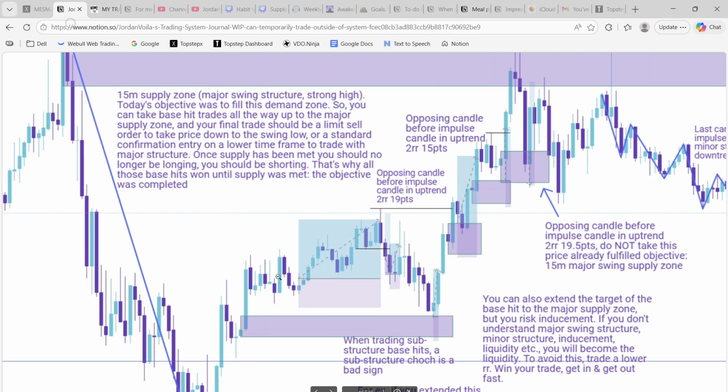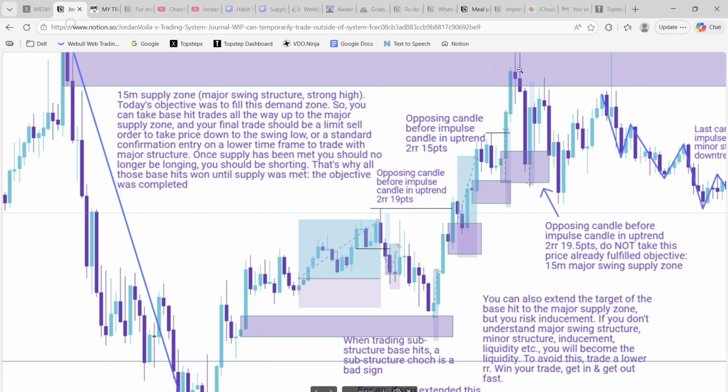But let's say I entered here. The trade was successful. It did go to RR, but let's say I wanted to target the objective, which was to fill this supply zone, right? I would have gotten stopped out, but I wouldn't have been wrong.